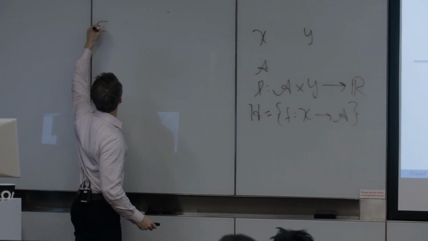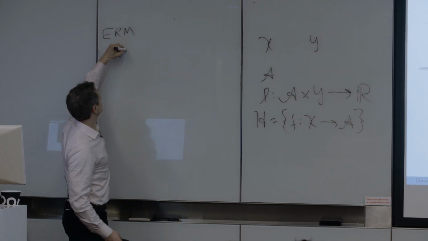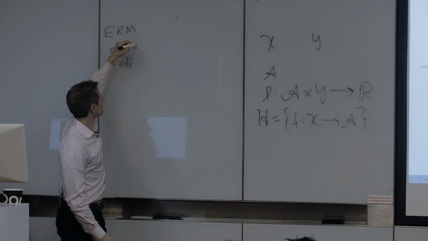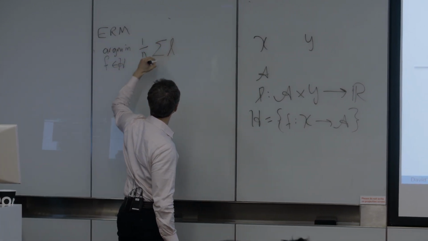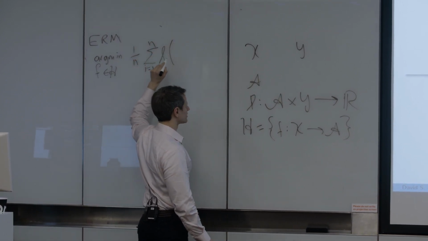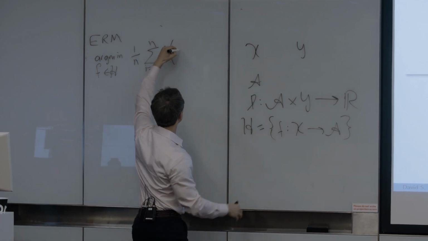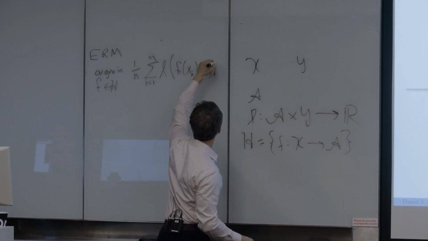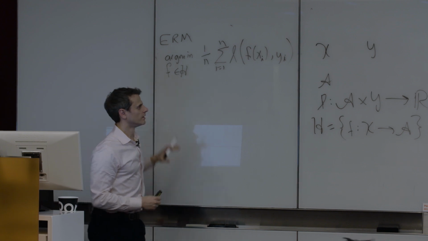So ERM was, let's find the argmin over the functions f in a hypothesis space of the average loss on some data, right? And the loss is between the action, which is f of x, and y. Okay, this is empirical risk minimization.